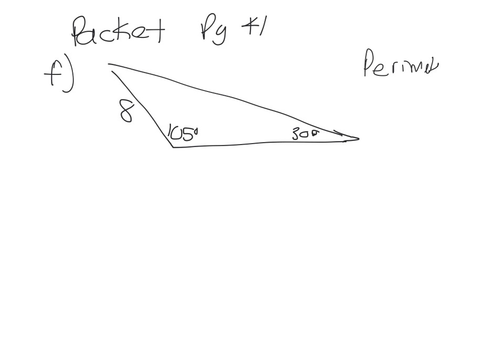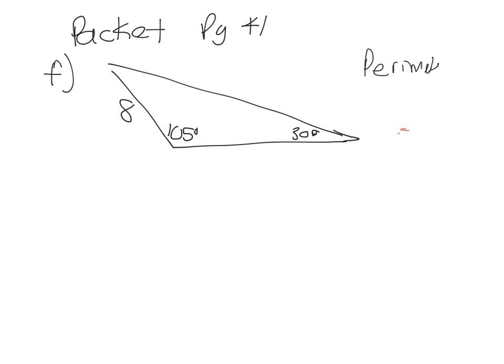Can I guess what you do? Tell me what you would start with. It's a logical guess. On the 105 degrees, you draw an altitude through the angle of 105.